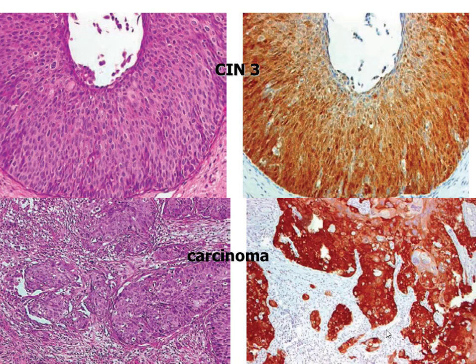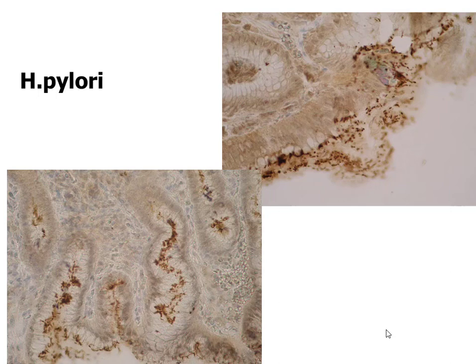So now we turn to the aims of immunohistochemistry. On these pictures, the left side pictures are stained with hematoxylin-eosin and the right pictures with immunohistochemistry. First, Helicobacter pylori. You know that microorganism which causes gastritis, duodenitis, and chronic peptic ulcer of the stomach or duodenum.